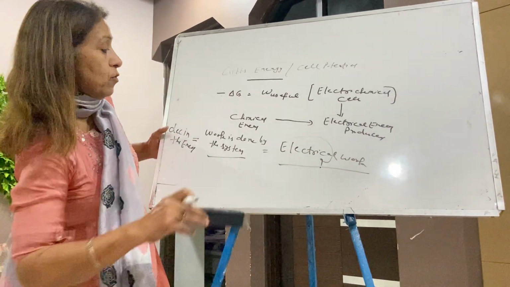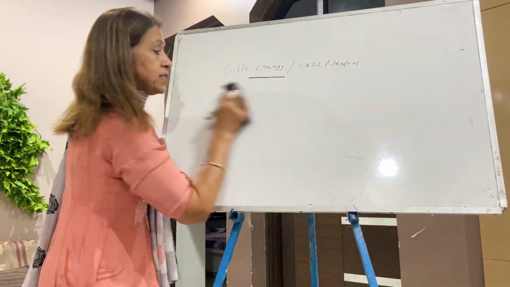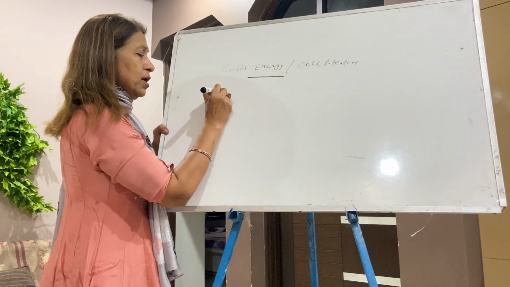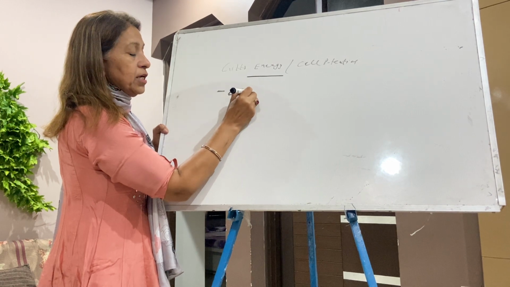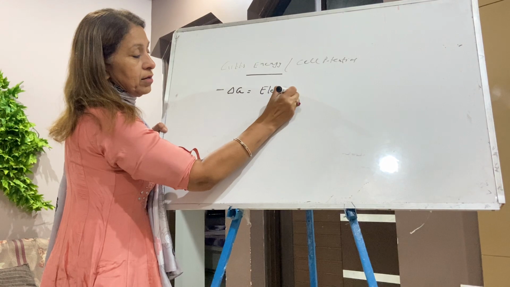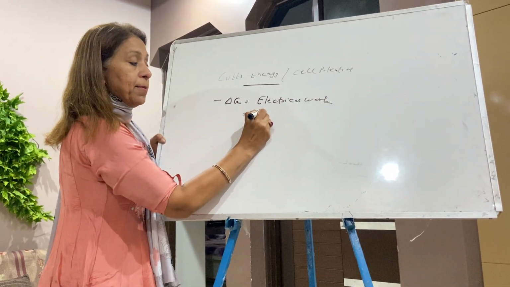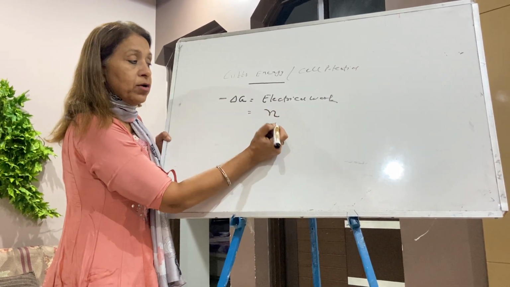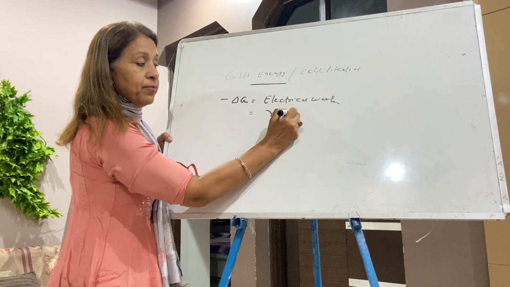Electrical work, write down. This is a small derivation, but no need to derive it yourself. In an electrochemical cell, a decrease in the energy always leads to work, and this is electrical work. It is equal to the number of electrons flowing in the circuit, n, multiplied by Faraday.